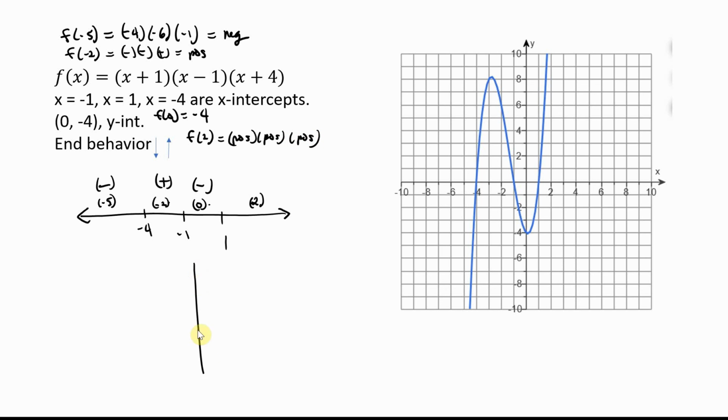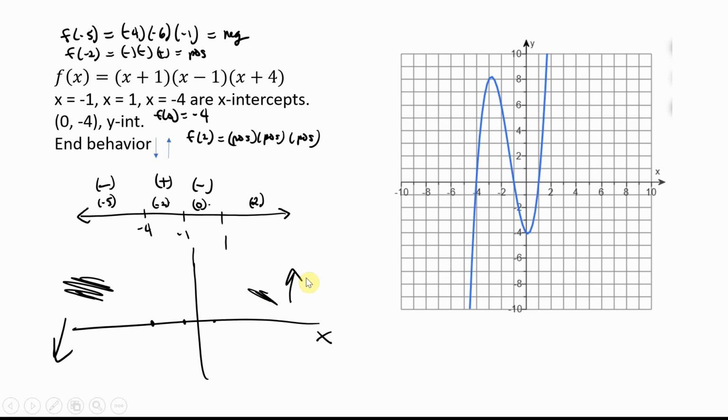So what does that mean? Well, let's look here. I know that I have x-intercepts at -4, -1, and 1. I know the end behaviors. Down here to the left it's going to go down, right? And then over here on the right, it's going up. That's the end behavior. So check this out, and look at those signs that I have there: negative, plus, negative, plus.